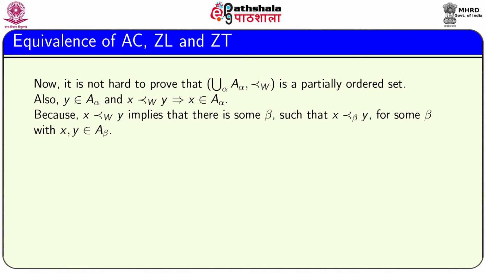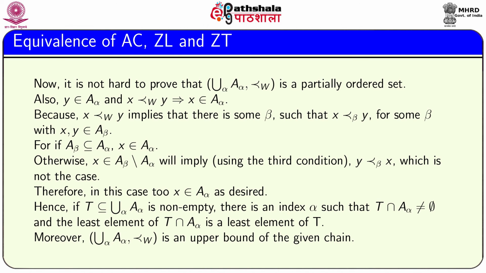Now, it is not hard to prove that union A alpha with less W is a partially ordered set. Moreover, this union A alpha along with this relation less W is an upper bound of the given chain.